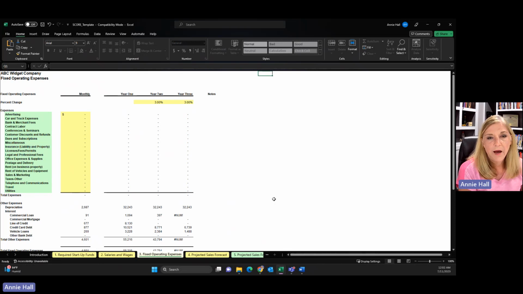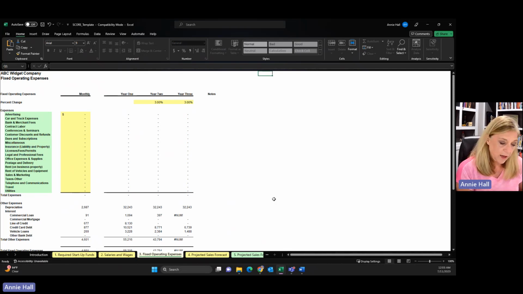So if I was making 2 wedding cakes a week, I would need a certain amount of flour, sugar, butter, cream, salt, baking soda, all of that. But if I made 20 wedding cakes a week, I would need more sugar, butter, flour, salt, cream, that type of thing, right? So that's a variable expense because it varies based on how much I produce.